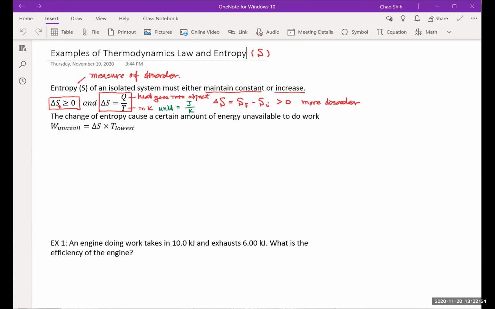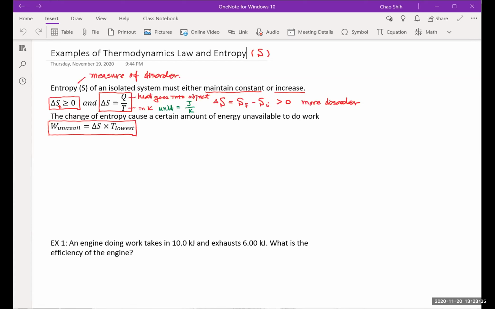This equation tells you, if you have entropy, how much of the energy is unavailable to do work. And that is proportional to the change of entropy. So if a system becomes more disordered, then you will lose some of the energy, which won't be able to do work. And the amount is equal to this. So this is the third equation related to this topic.